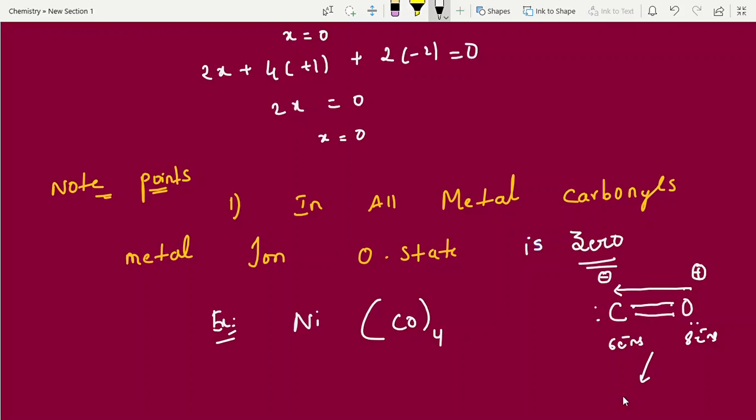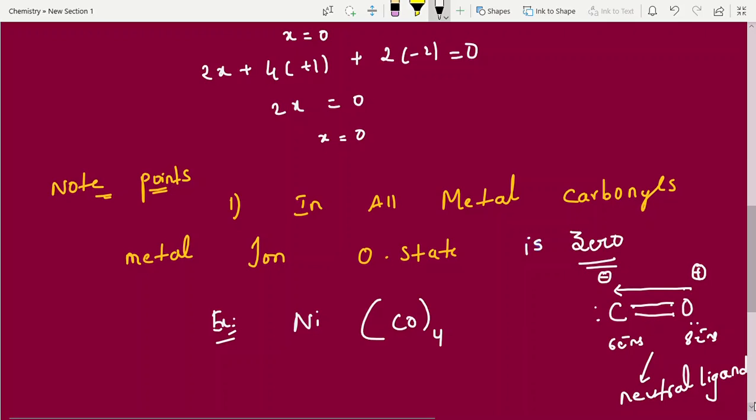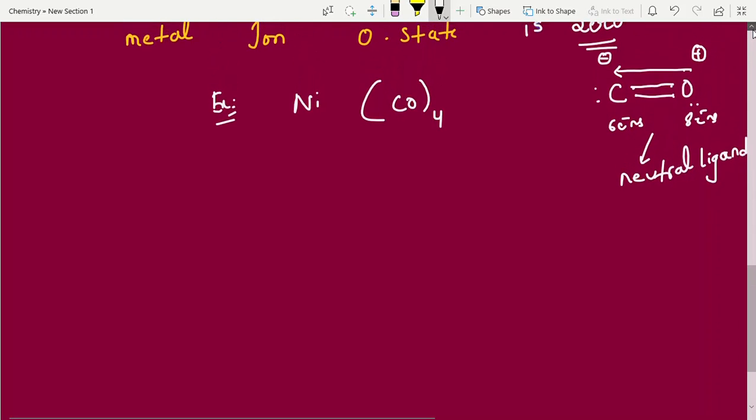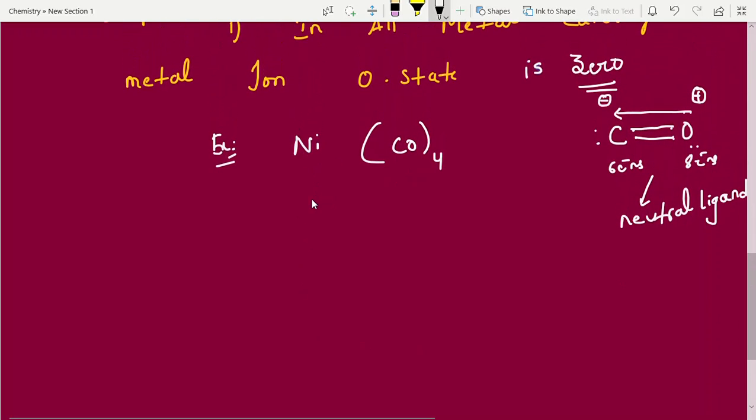Finally, CO is a neutral ligand. If both the charges, positive and negative, are present, then you can say it is a neutral ligand. That's it.